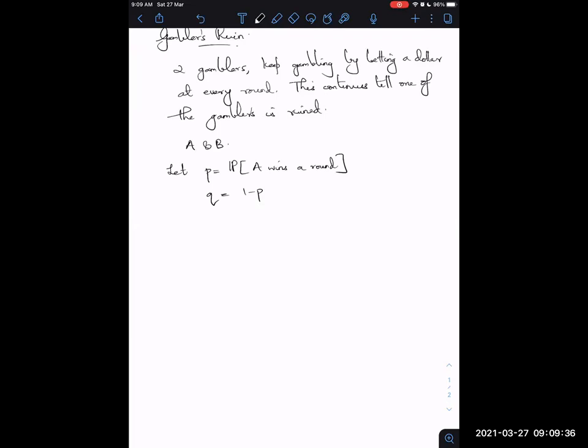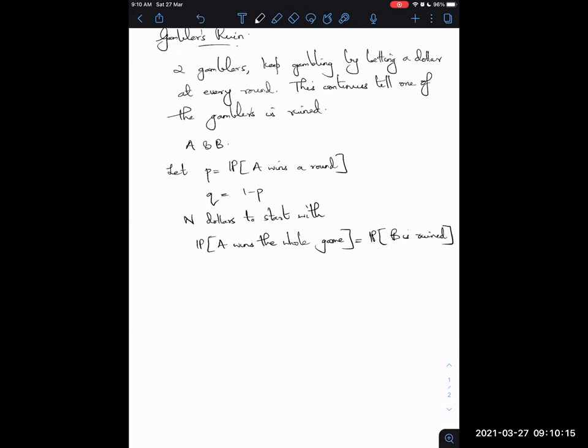Let's assume that we have N dollars to start with, meaning the money that A has plus the money that B has adds up to N. The question is, what is the probability that A wins the whole game? The same question can be posed for B winning the whole game, but let's stick with A. This is the same as the probability that B is ruined.